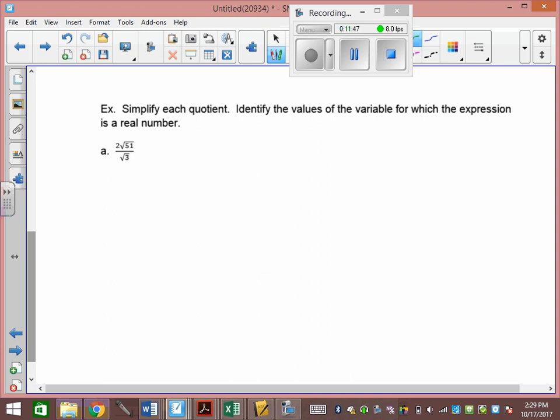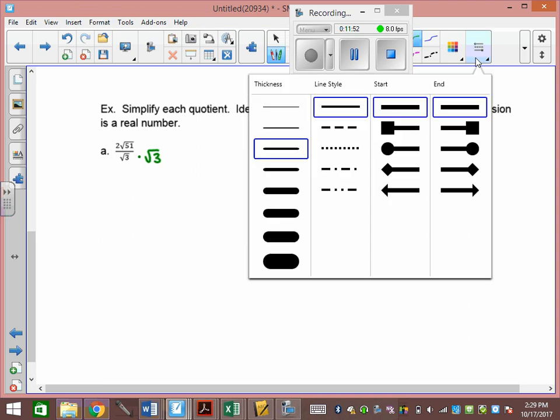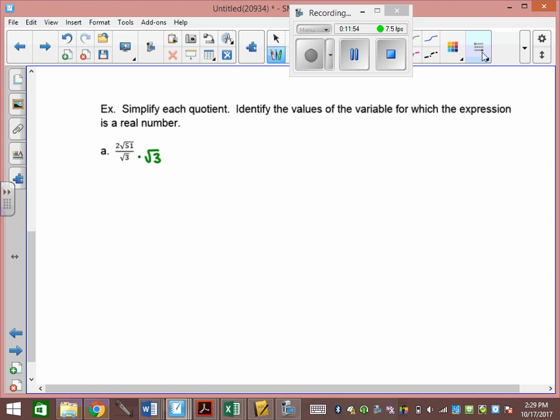So root 3. But what did I tell you before? What you do to the bottom, you have to do to the top, where it changes the whole thing. So 2 root 51 times 3 is what? Root 153 over 3.